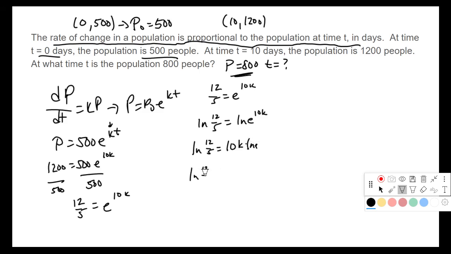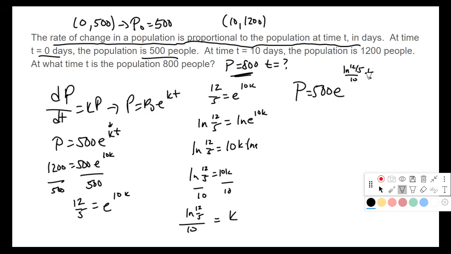So the natural log of 12 over 5 equals 10k. And I divide both sides by 10. I get k equals the natural log of 12 over 5 all over 10. So that's what k is. So now my equation looks like this. P equals 500 e to the natural log of 12 over 5 over 10 t.